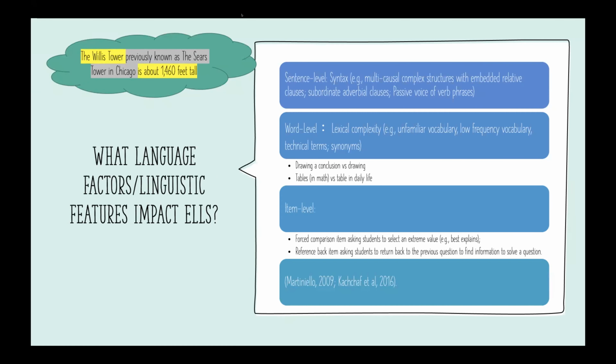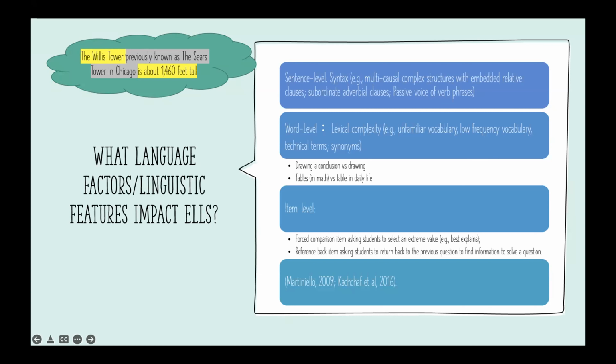As you can see, the areas that I marked in gray are relative clauses that have been embedded as supplementary information. So actually, the key information is that the Willis Tower is about this many feet tall, right? But more information has been added.